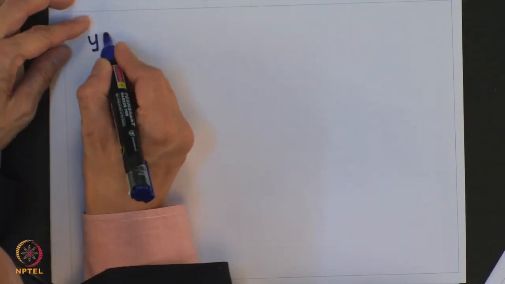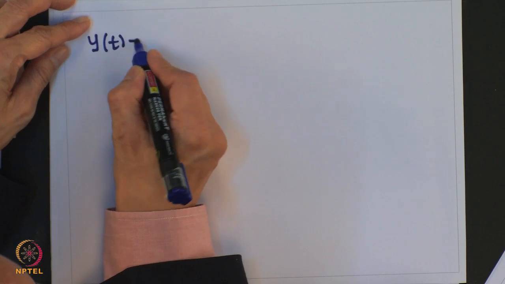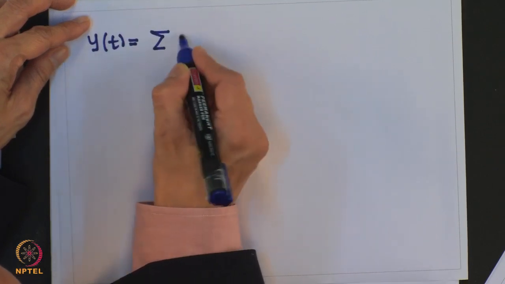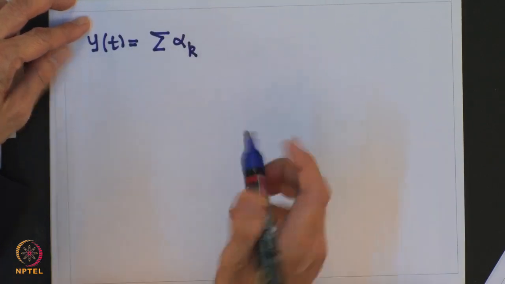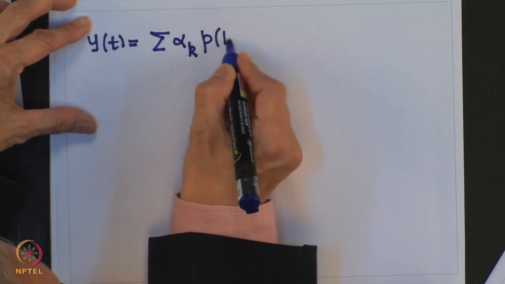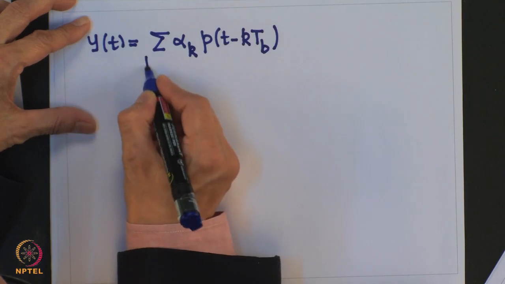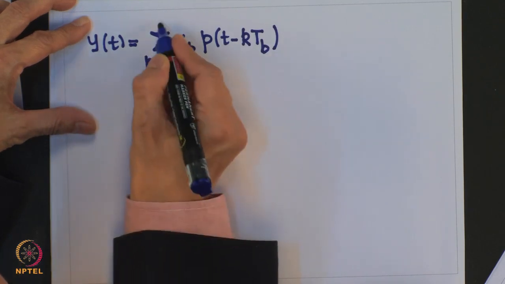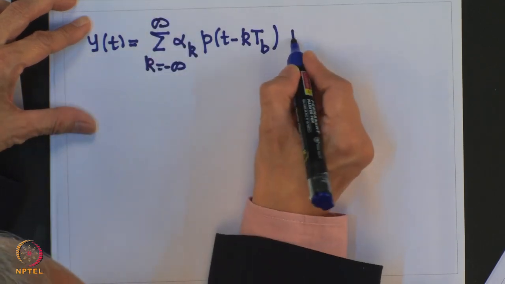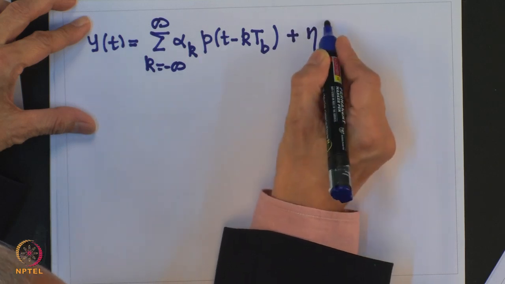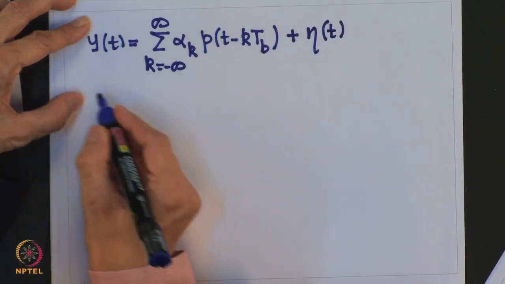So, in general, let us write down the received signal at the output of the receiver filter. So, YT would be equal to summation alpha k p t minus k TB, k is equal to minus infinity to plus infinity, plus eta t.